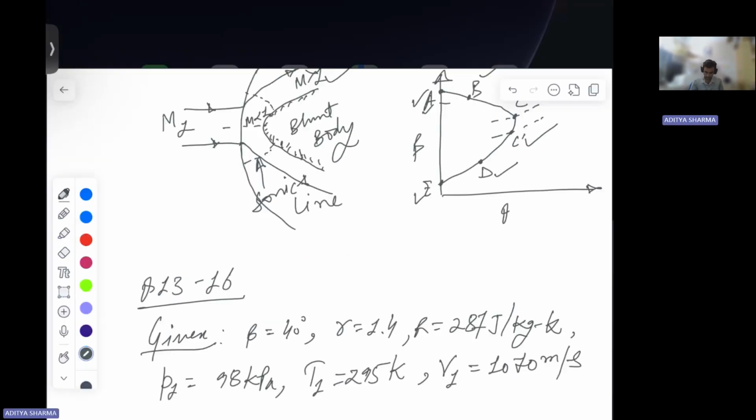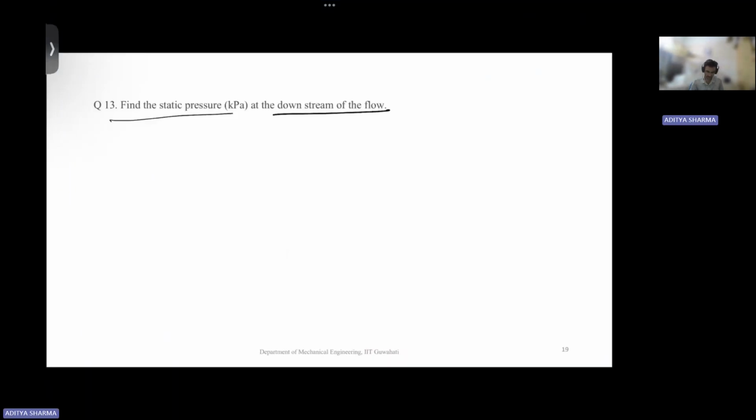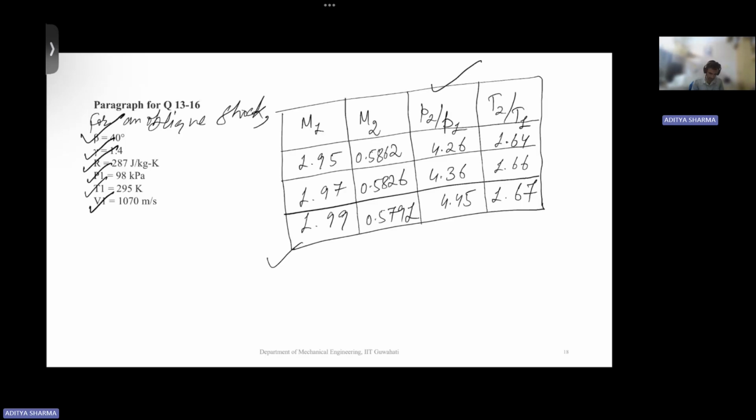Then the question here asks: find the static pressure at the downstream of the flow. For the static pressure, we need to find out first of all, because this table is given, right? So P2 by P1 is given. P1 we have. P2 we need to find out.